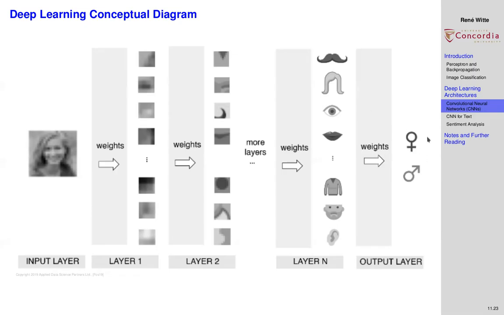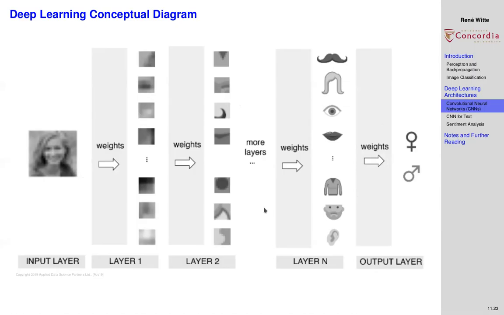And then finally, in the output layer, make a decision, for example, classify into male or female. So what we're going to look at is how to build a network that can analyze images like this.